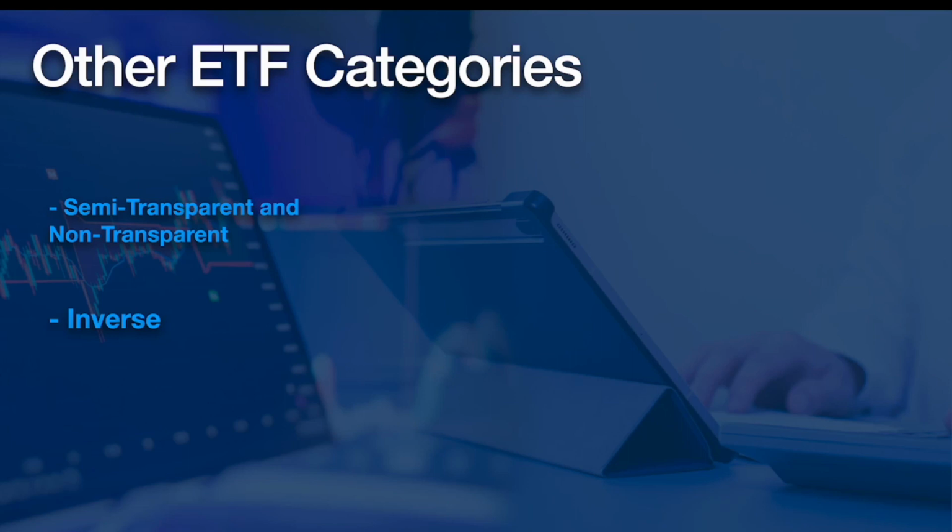They achieve this by using derivatives to short sell stocks, which means they gain when the market falls and lose when the market rises. Inverse ETFs are typically used for hedging purposes or to profit from market downturns. However, they're considered risky and are generally suitable for sophisticated investors.